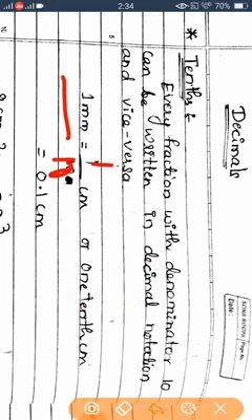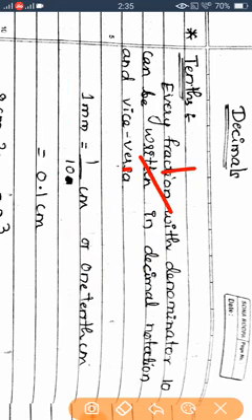If it is 5 by 10, 5/10. In the shortcut, 1 by 10 is decimal 0.1. If it is 5 by 10, we write 0.5. If it is 6 by 10, 0.6. This is how we can write in decimal.